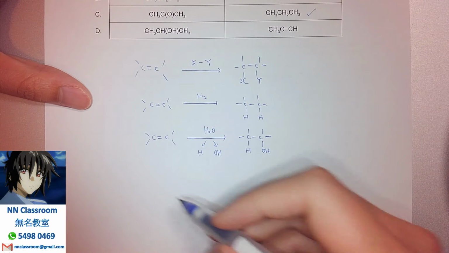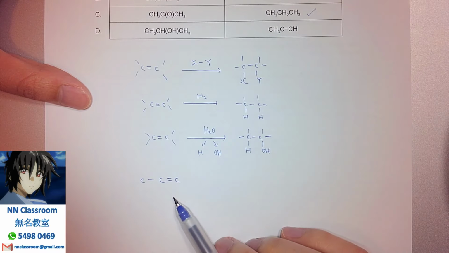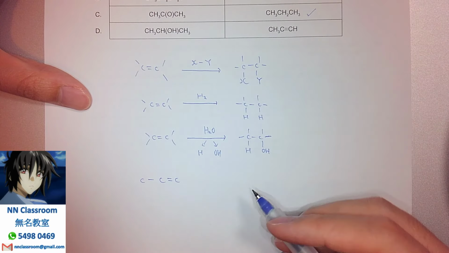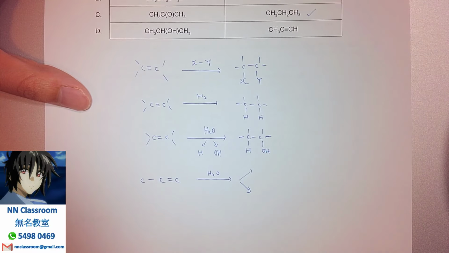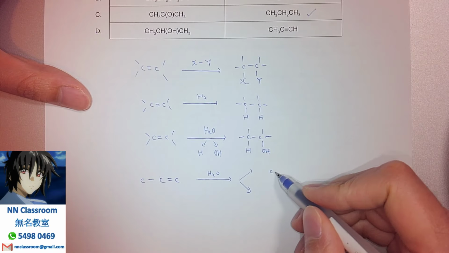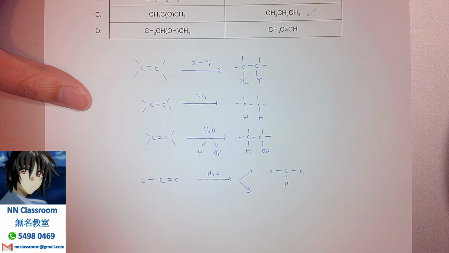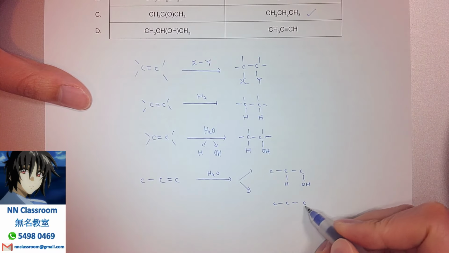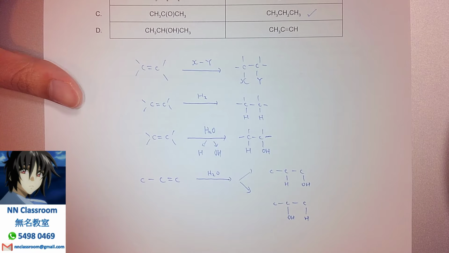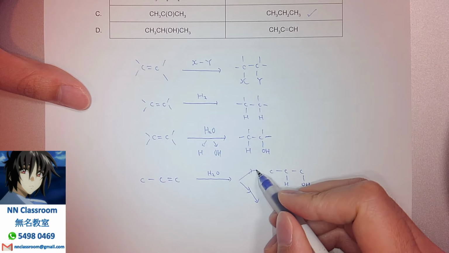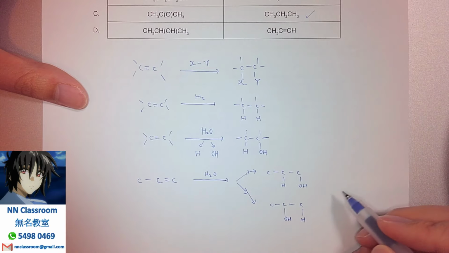Mind you, if the alkene is asymmetrical and what they're adding is also asymmetrical, we can get up to two products. The first one is where the middle carbon takes the H and the adjacent carbon takes the OH, or we can have the middle carbon take the OH and the adjacent carbon take the H. So here come two products, but which one is the major product is decided by a rule called Markovnikov's rule.